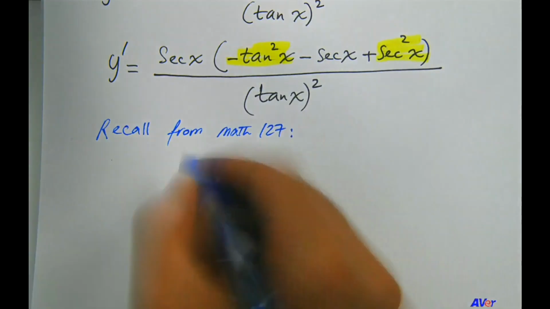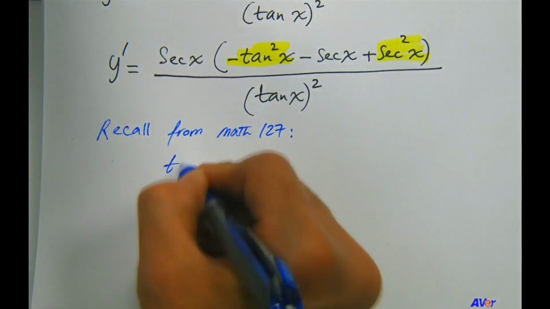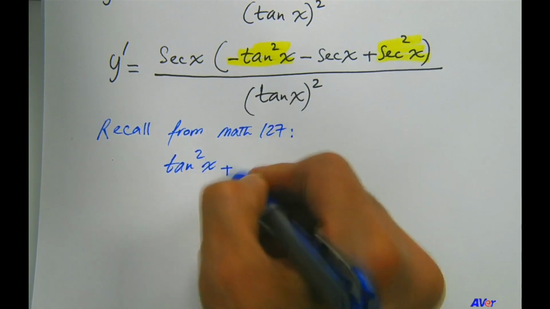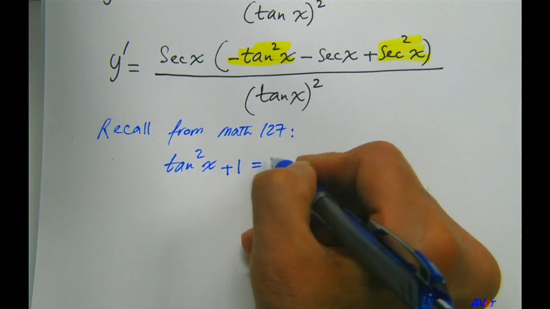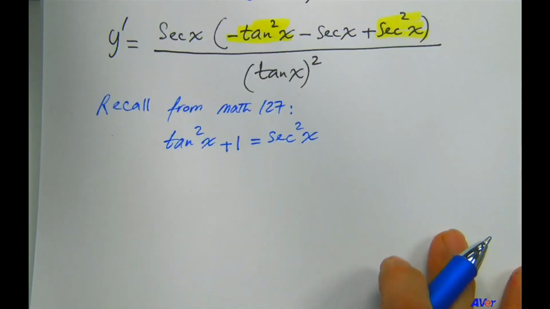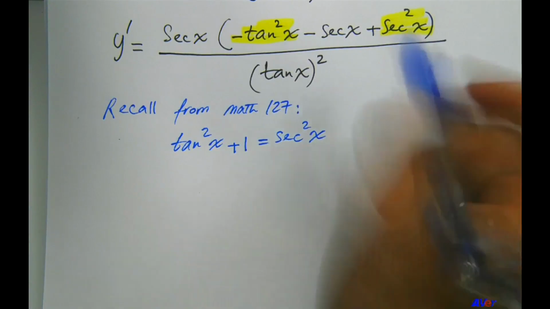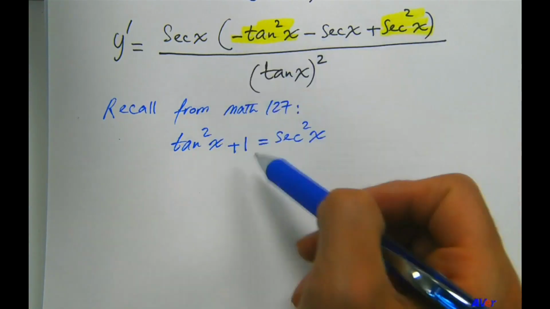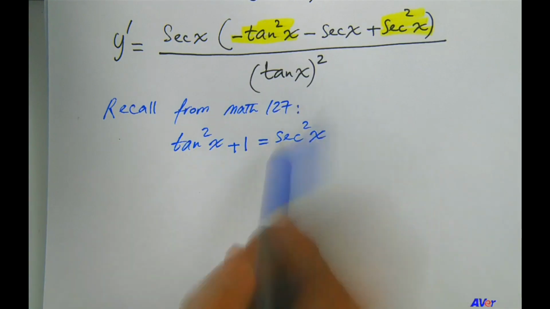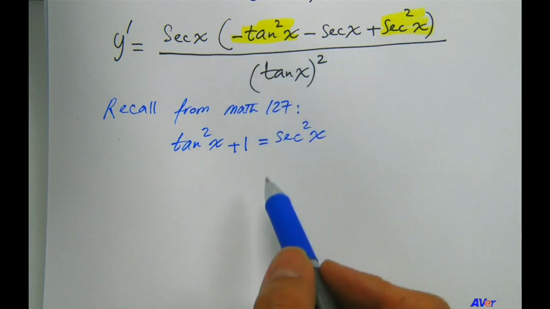We know that tangent squared x plus 1 was equal to secant squared x, right? We know that. But this is secant squared x and minus tangent squared x. So what is that equal to? We can use this equation to find that out.